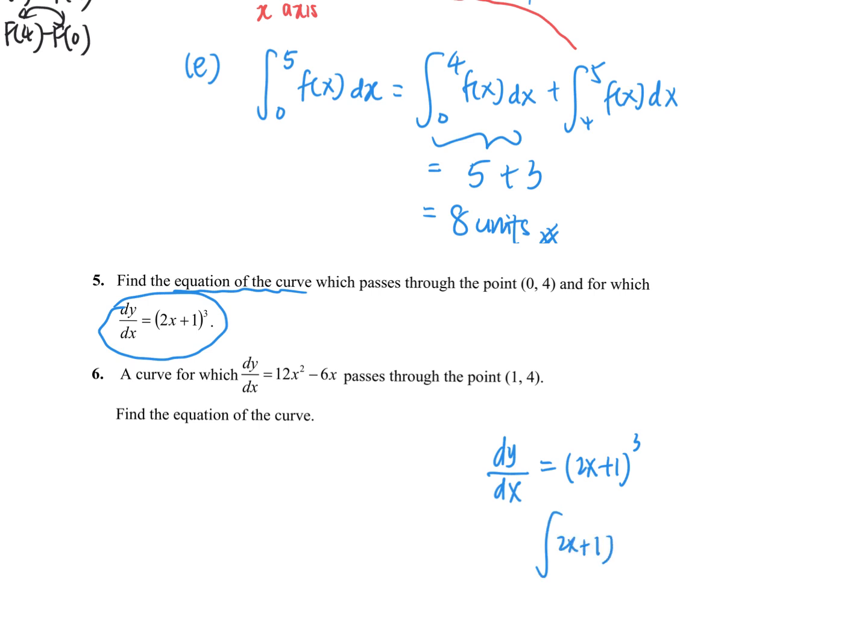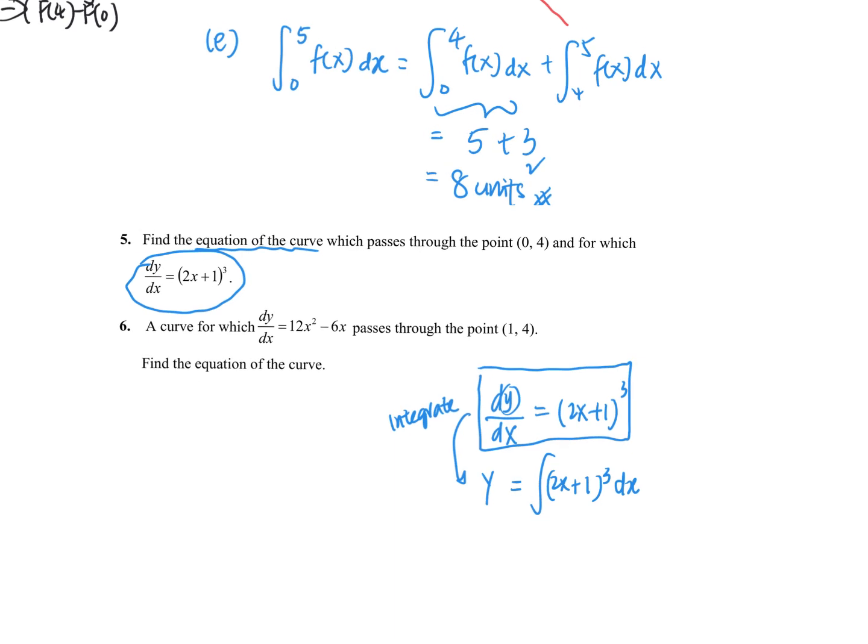Is it unit square or units? Unit square, my bad. Okay, so if you integrate backwards, you are finding back your y. This was your dy/dx. If you integrate, you are getting back your y, your original function. So let's try to find it.